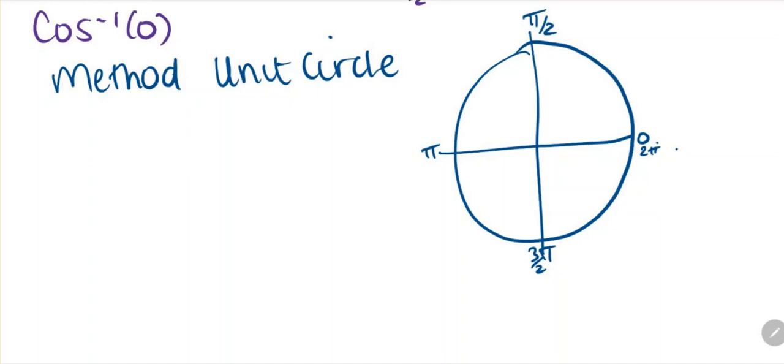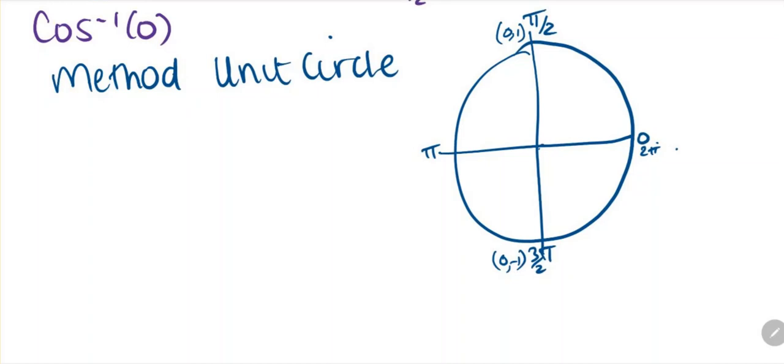So we're looking for a value. So cosine is x. So we want a value when x is 0. So x is 0 here. So this point here is 0, 1. And this point down here is 0, minus 1.